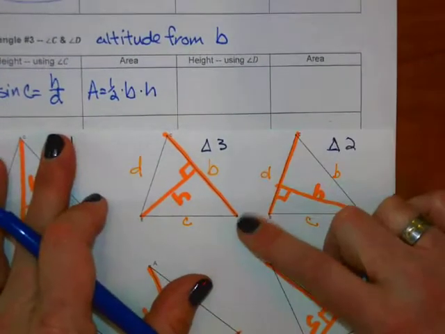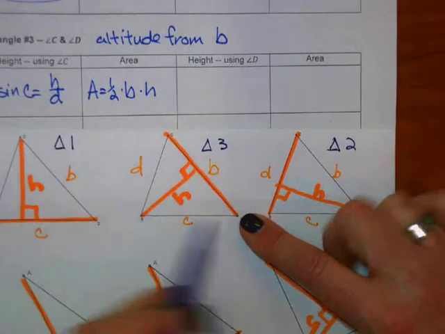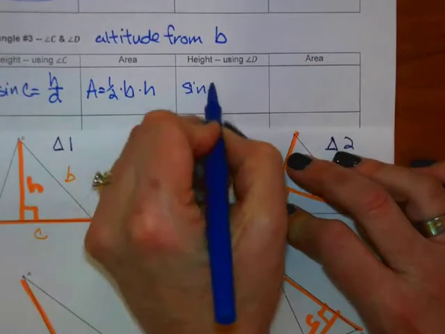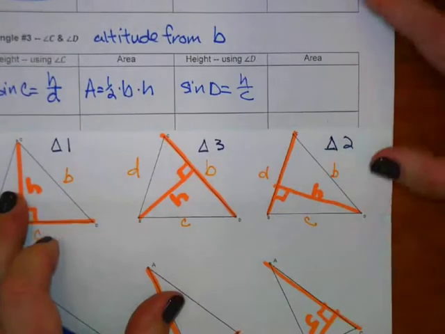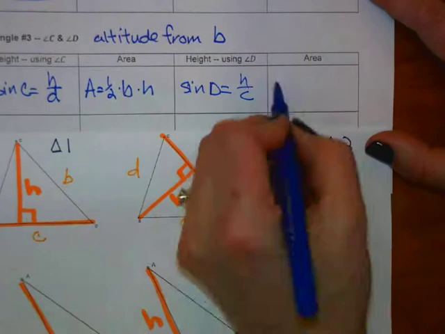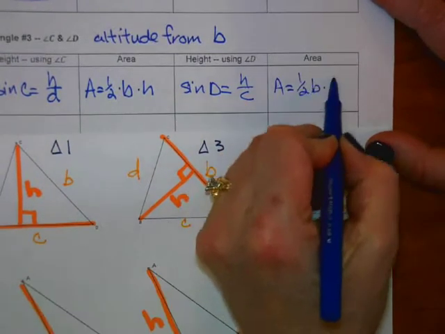Sine from angle D is going to be the opposite H over the hypotenuse C. And then the area is going to be the same, 1/2 base times height.